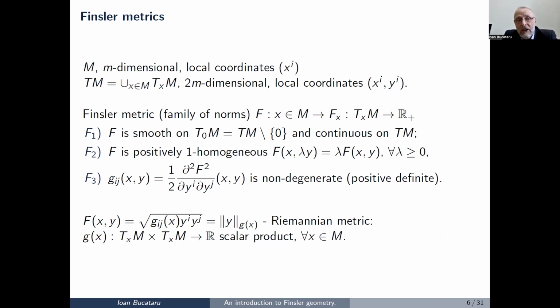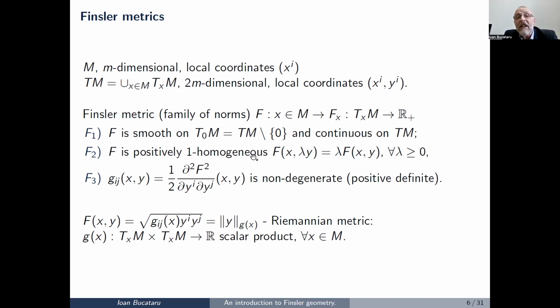So what is a Finsler metric? It is a family of norms, while a Riemannian metric is a family of scalar products in each tangent space. A Finsler metric is a family of norms, so you have a norm in each tangent space that has some properties. You need some smoothness: these norms are smooth everywhere except the zero section and continuous everywhere.